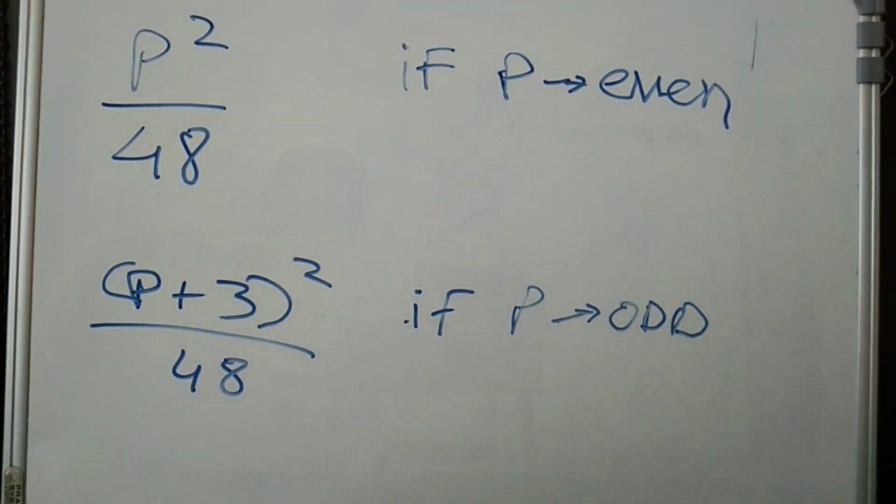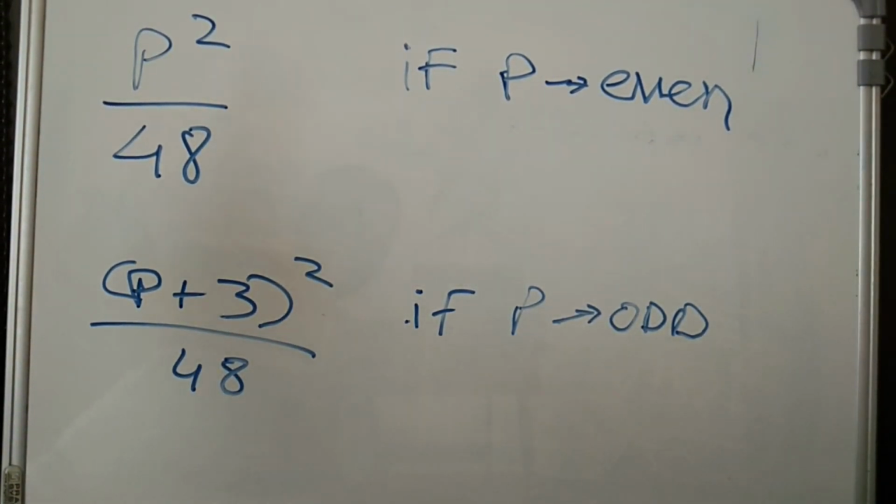So this is the direct formula. If p is even, like in this question where it is 18, we use the first formula. If p is odd, we use the second formula. After calculating this, we take the nearest integer as our answer.